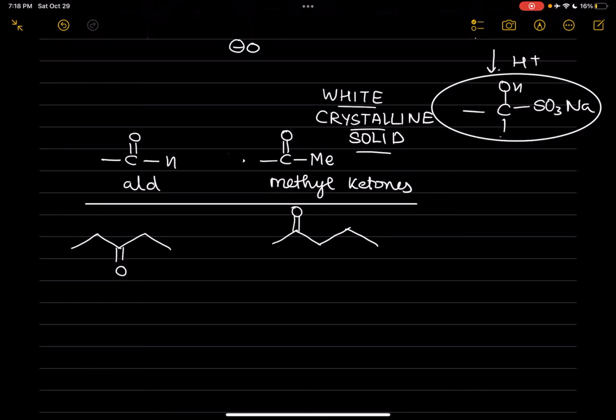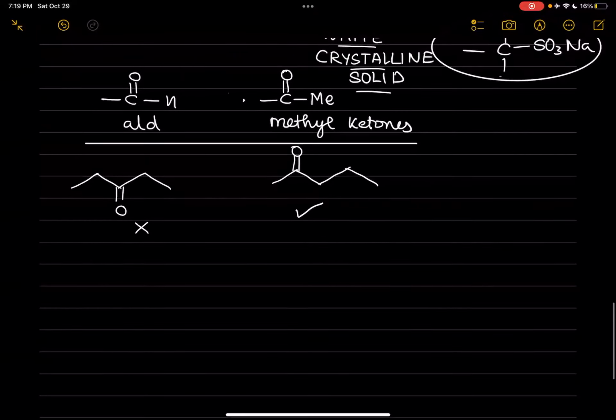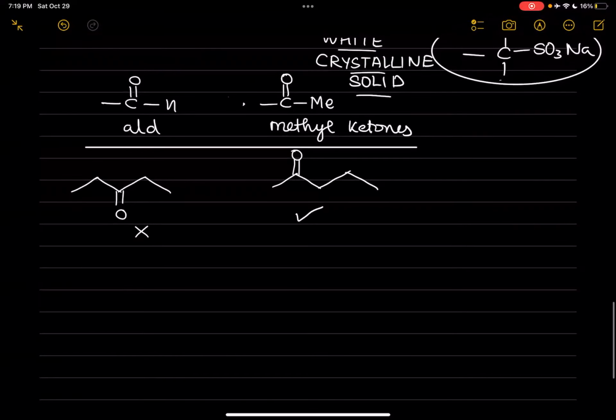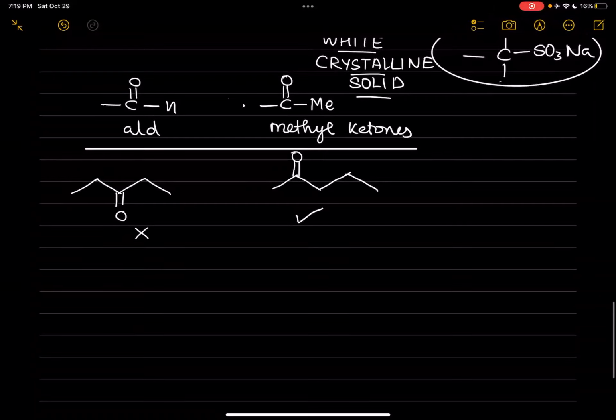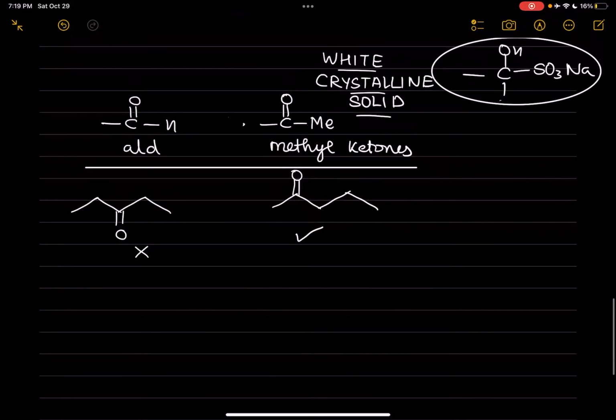Sir, white crystalline solid will be formed in the case of 2-pentanone, and it will not be formed in the case of 3-pentanone. Exactly, because that is not a methyl ketone, right? Yes, sir. So I hope this is clear.